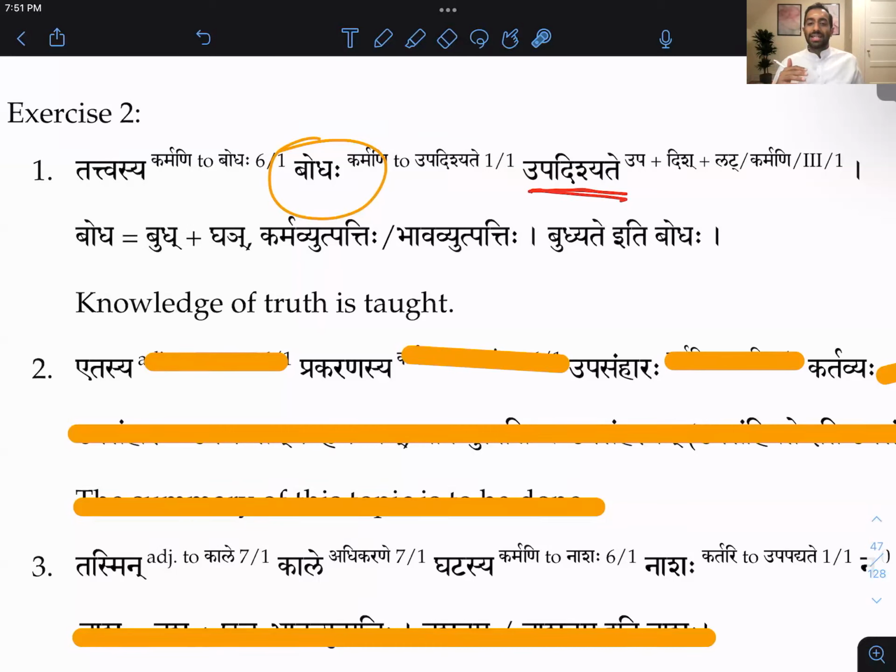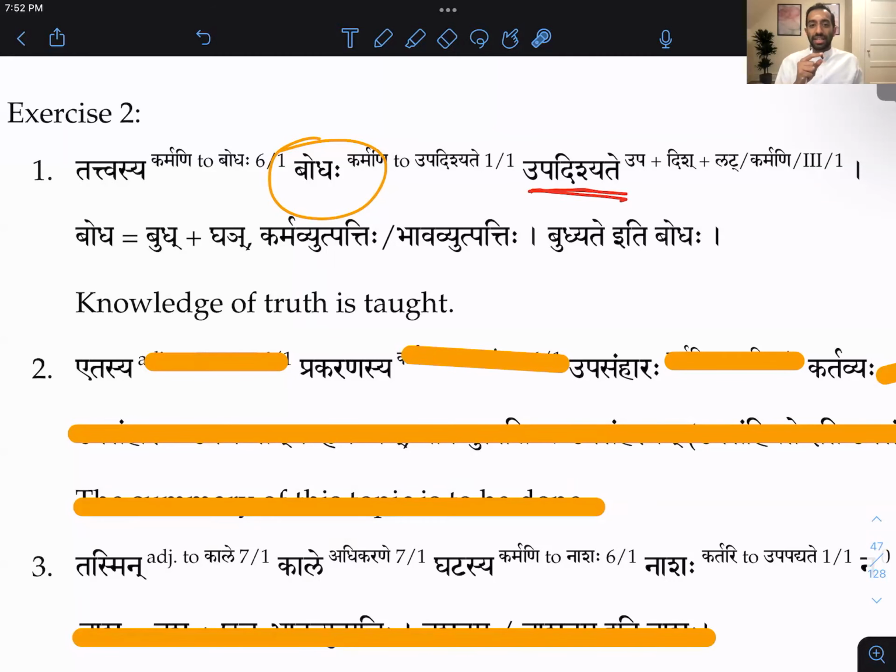Now I can say the destruction of the city makes me sad. The destruction of Israel and the West Bank makes me sad. Now there, the vyutpatti of the word destruction is bhava vyutpatti. It can even be karma vyutpatti, that which is destroyed, right? Destruction means that which is destroyed.